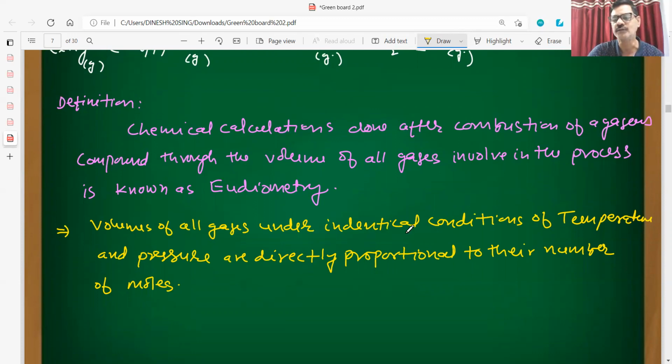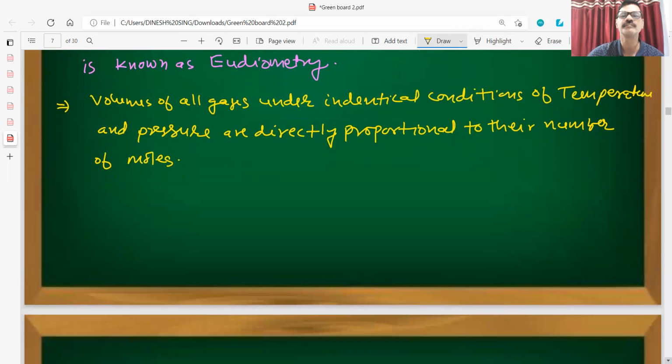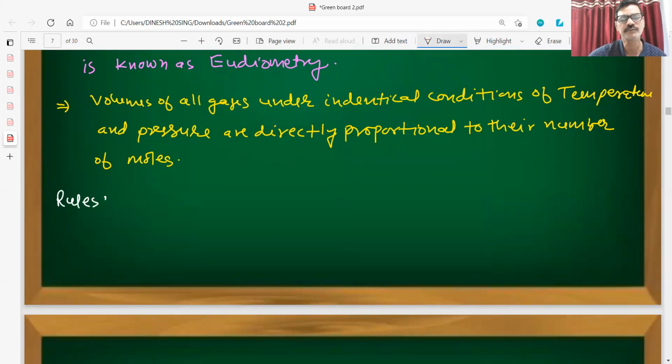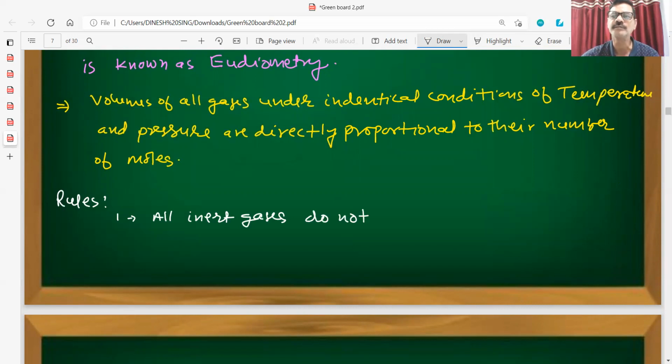The overall process is called eudiometry. There are some rules. The first point is that all inert gases, that is noble gases, do not undergo combustion.